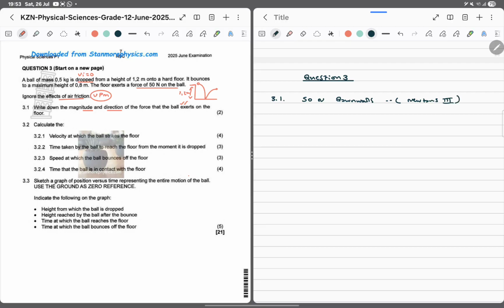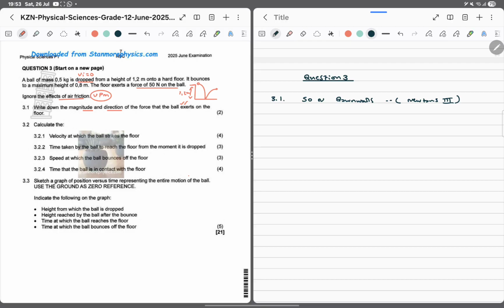Now you may ask me, why not the gravitational force? Because the only force acting on this ball was the gravitational force. Now when it hit the floor, why is it not the gravitational force on the floor? Now that is very interesting, because remember guys, what is the gravitational force?